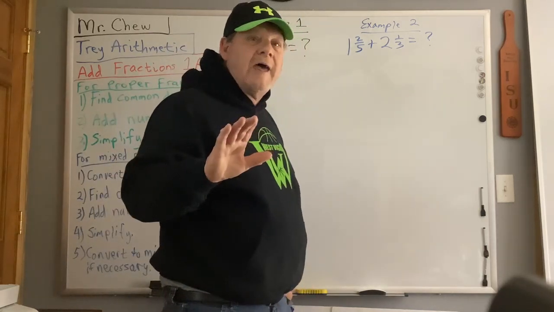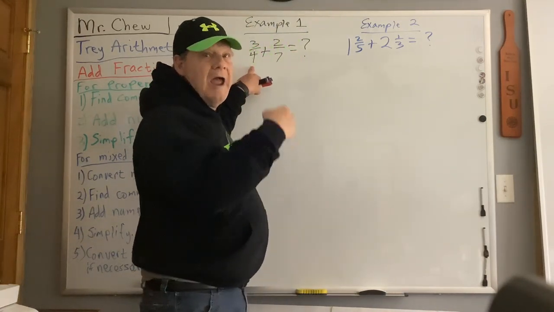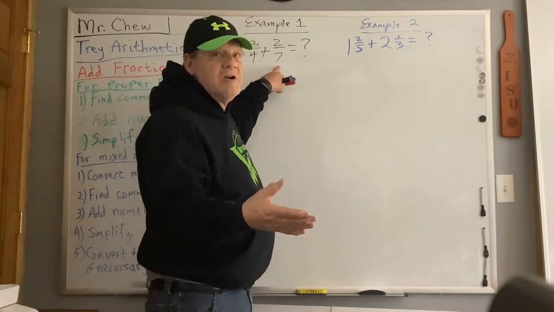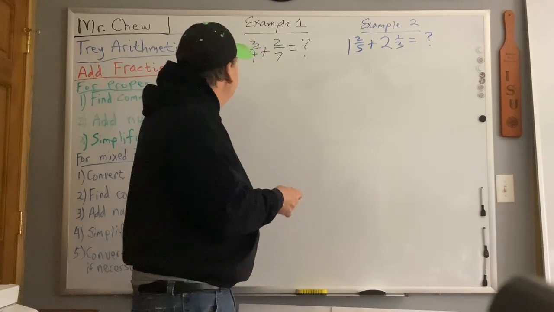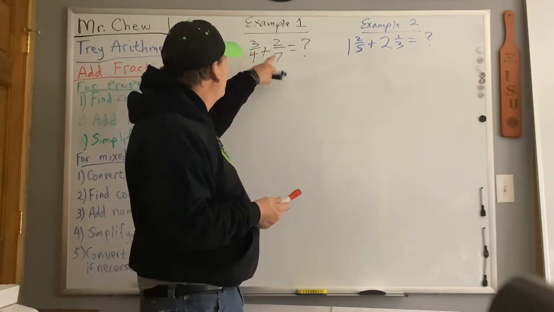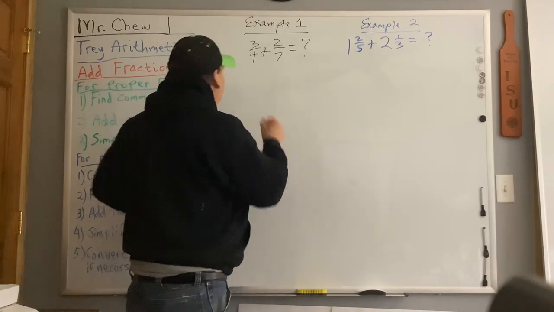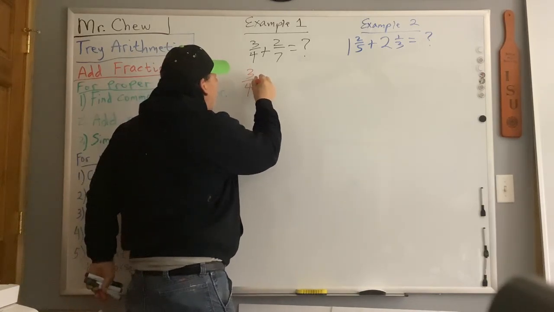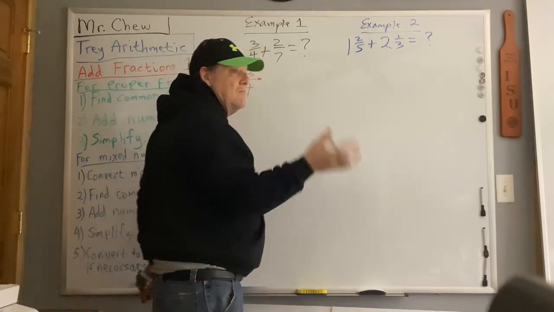And I do that by multiplying the 4 by a number, and then multiplying the 7 by a different number until they're the same. And the easiest way to do this is to take 3/4 plus 2/7, and I have to take the 4, and I have to multiply it by something to get the same number as when I take the 7 and multiply it by something.